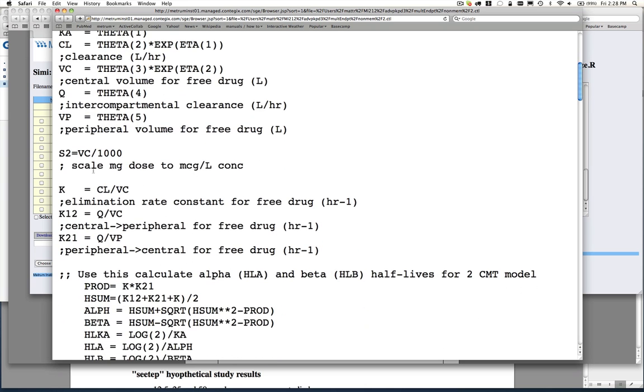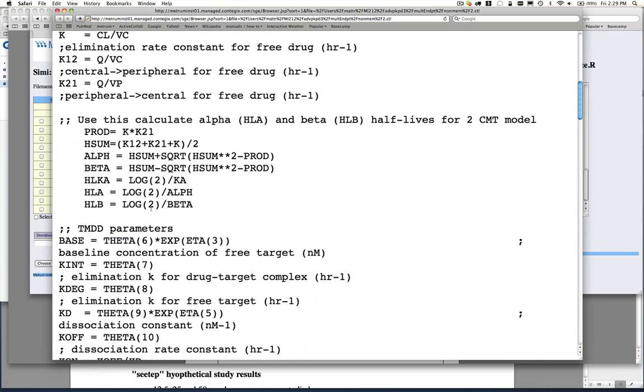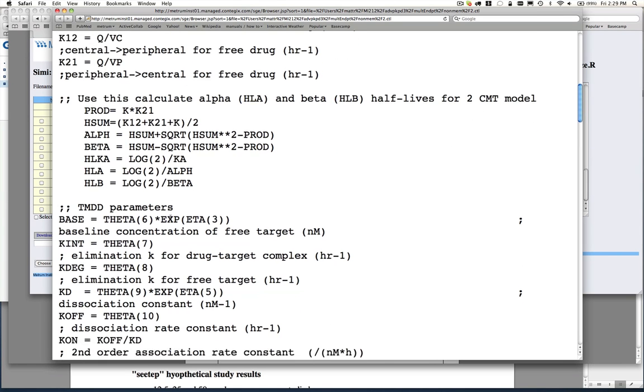We have the scale factor here so that we can go from the milligram dose to the microgram per liter concentrations, elimination rate, and we've got our intercompartmental transfer rates. If you're interested, there's some code here that gets you the alpha and beta half-lives, and those can be tabled out.